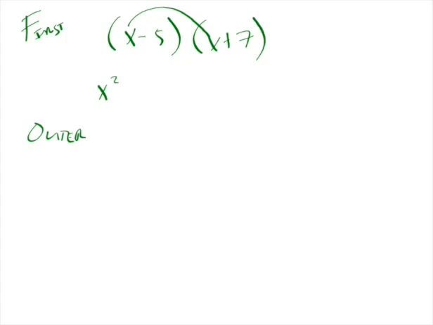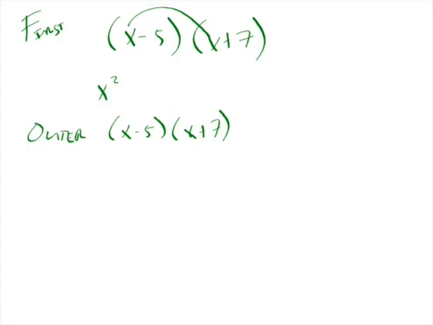So let's look at our problem again. It's x minus 5 times x plus 7. You don't have to write this multiple times, but for right now in your notes, write it multiple times so that you can see each piece. Our outer terms are the ones to the farthest outside.